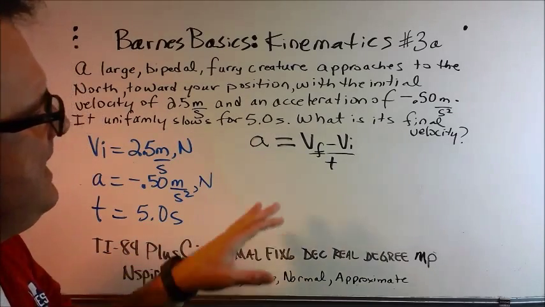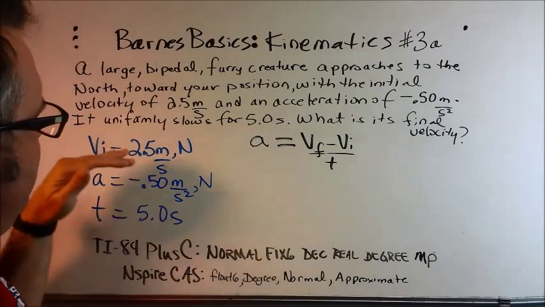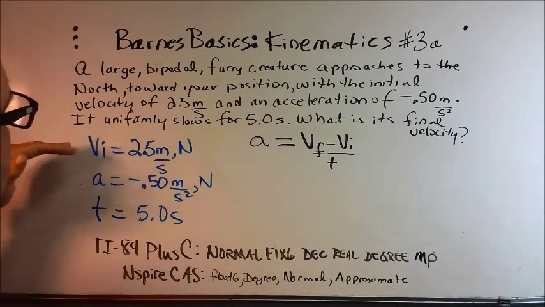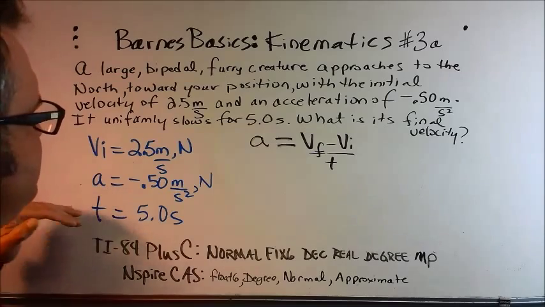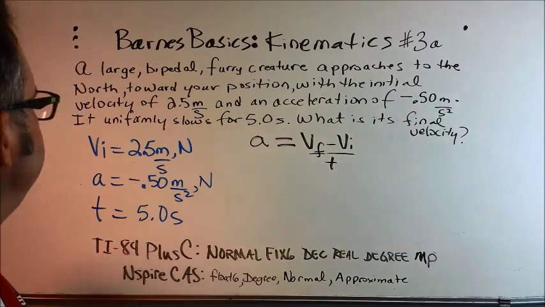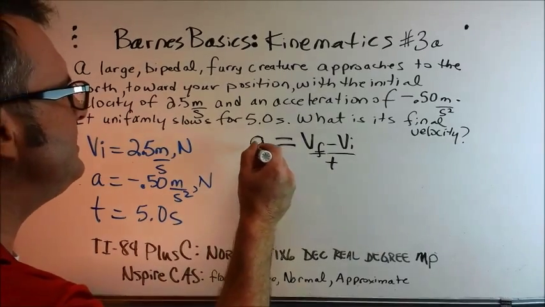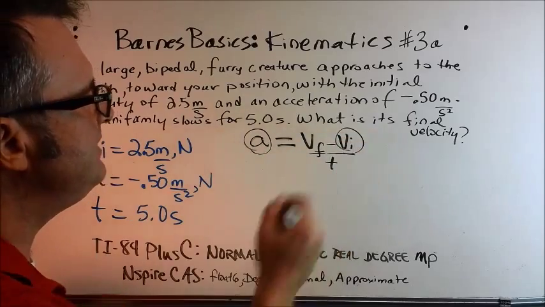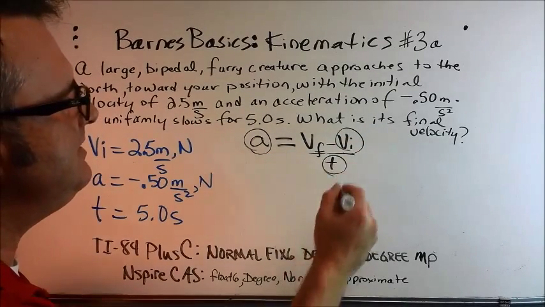So whenever I look at the variables that are listed or provided in the equation, initial velocity, acceleration, and time, if I have a formula that looks like this, I might circle these. I might say, well, I've got acceleration, I've got initial velocity, and I have time.